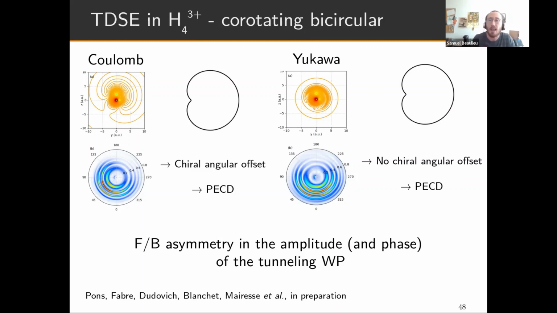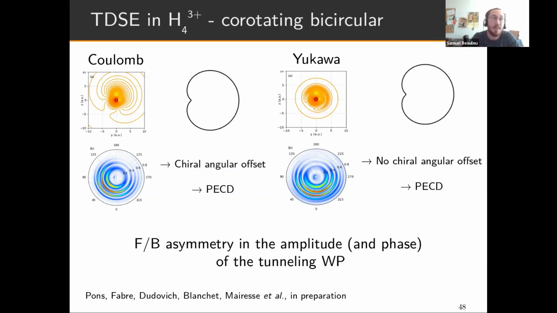And basically, by using co-rotating circularly polarized light, in an omega-2omega configuration, we looked at the effect of going from a Coulomb to a Yukawa potential. In the Coulomb potential, you see both angular offset and photoelectron circular dichroism, while in the Yukawa potential, you see no angular offset, a bit like in the work of Torlina, but you still see photoelectron circular dichroism.